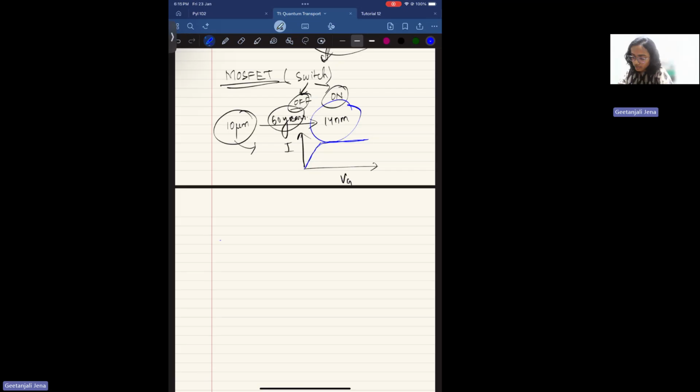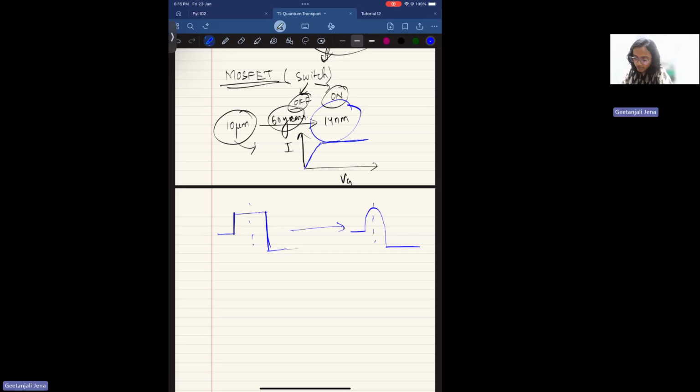The potential barrier, which was earlier a well-defined step function, changes because of this size reduction, either by changing the oxide thickness or the distance between the source and the drain. There is no longer a well-defined potential barrier, so it becomes a profile like this.